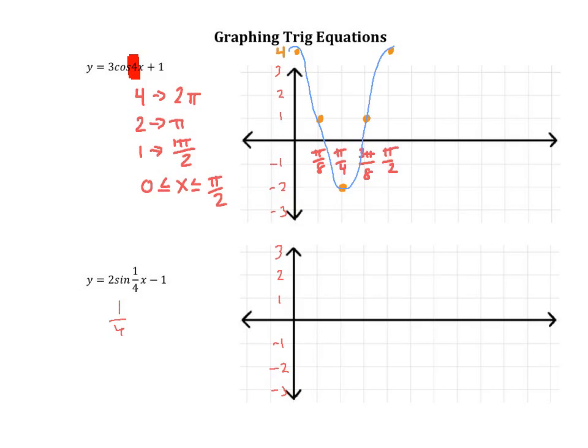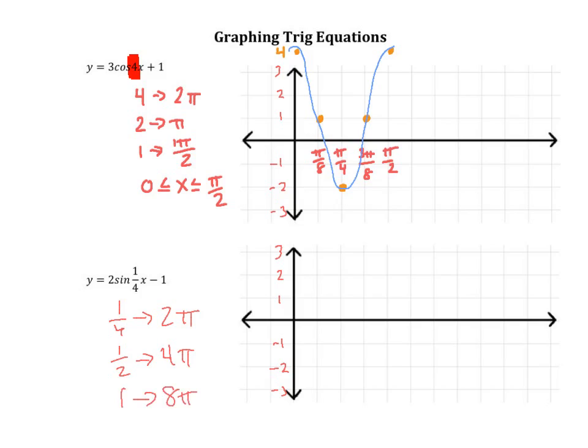So 1/4 of the sine graph occurs between 0 and 2 pi. So if I double that from 1/4 to 1/2, that's going to be 4 pi. And then if I double the graph again, one period is going to happen between 0 and 8 pi.